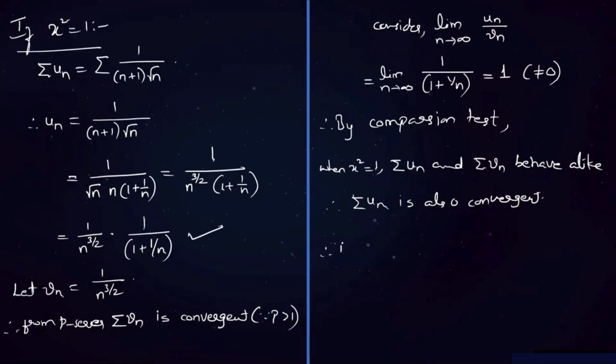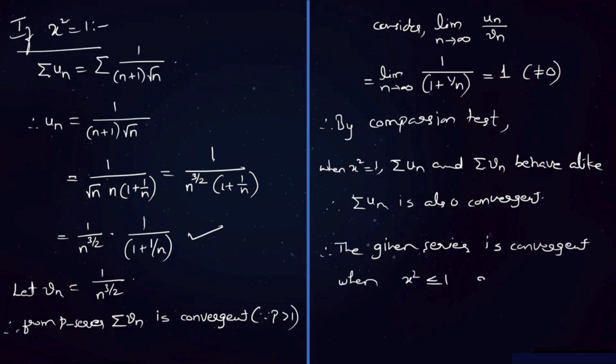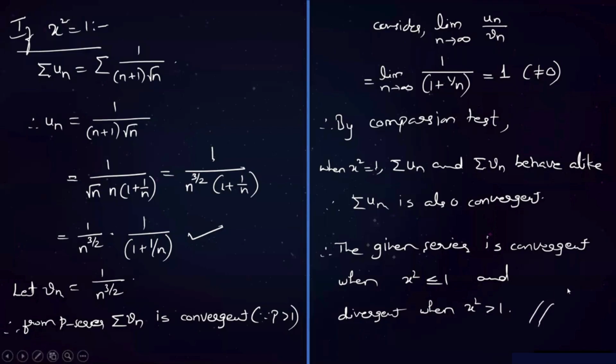Therefore, the given series is convergent when x square is less than or equal to 1 and divergent when x square is greater than 1. So like this, we can answer this question.